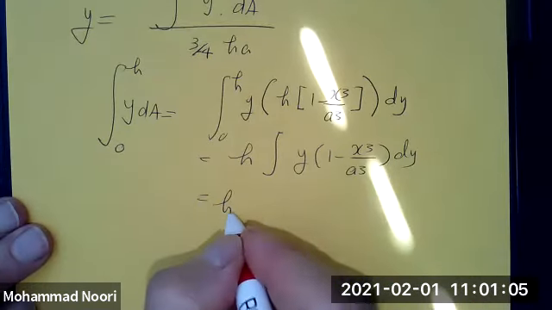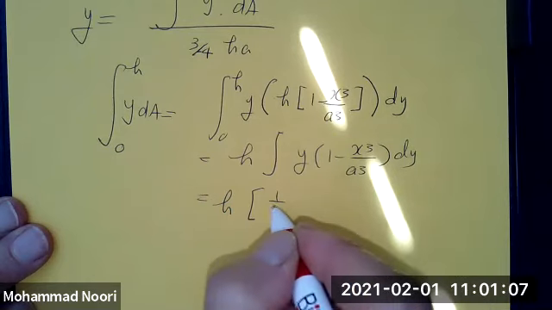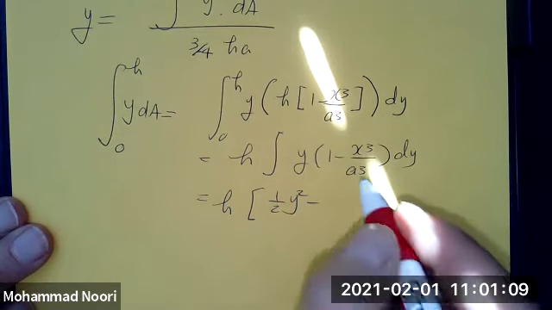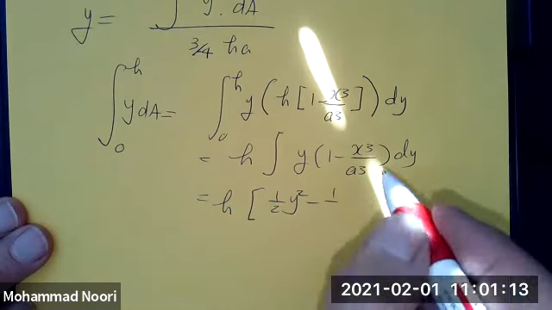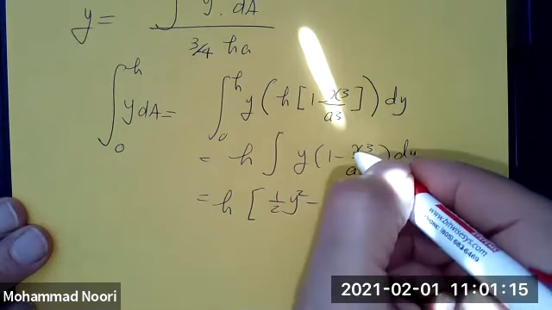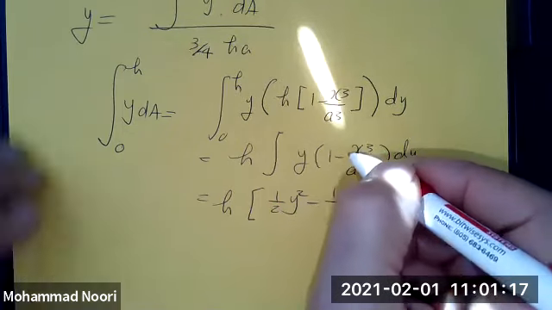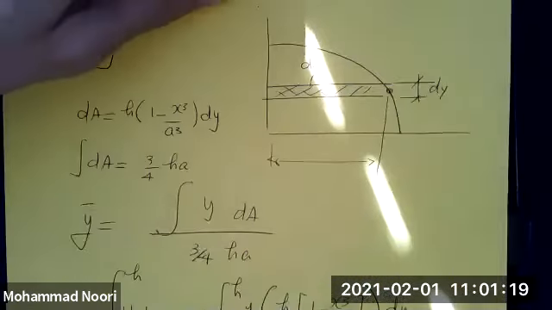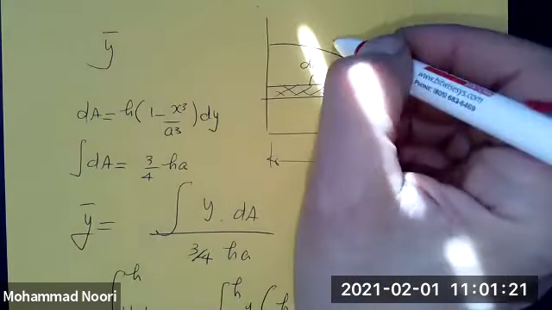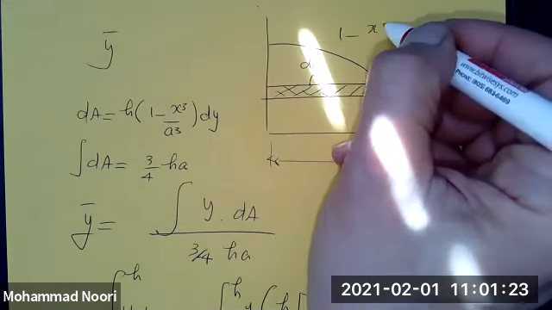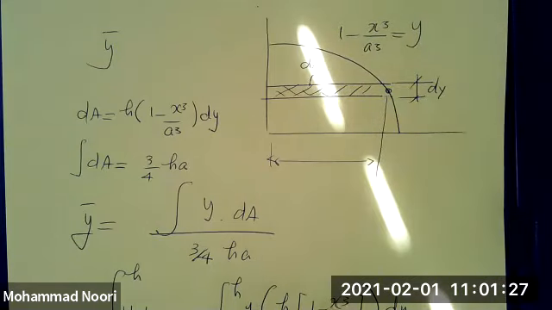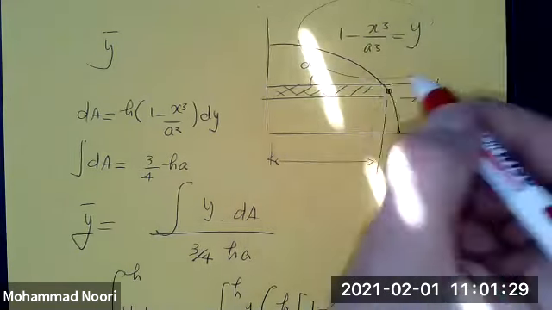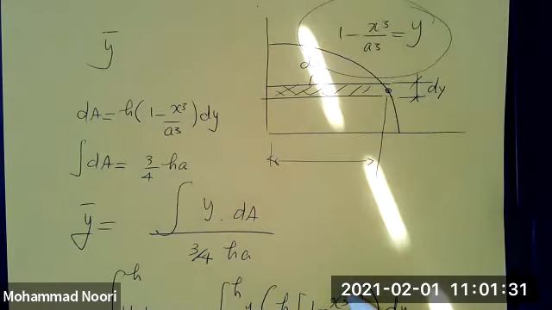So this becomes h times 1/2 y squared minus 1, oops, what did I do here? You see the mistake I made? This was 1 minus x cubed over a cubed equal to y. I need x, so I need to find x from here.